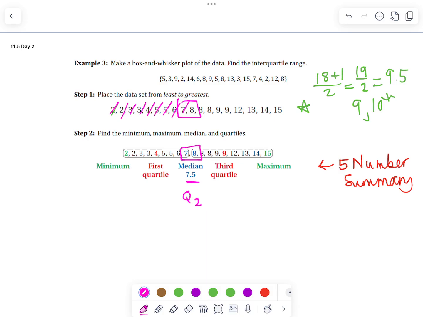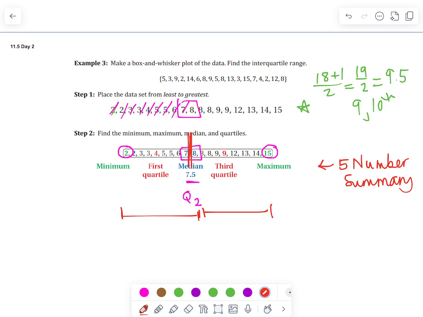And then you identify the smallest number and the largest number. And then we have to find the lower quartile and upper quartile. So we're going to split this in half, and we have to find the middle between these two sides.